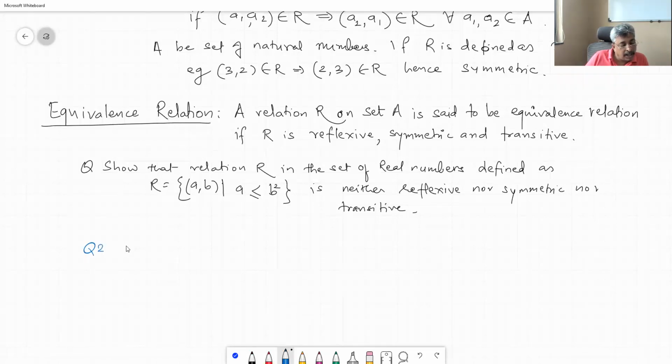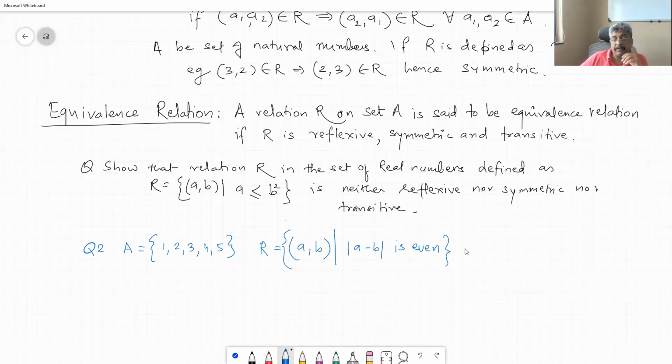Show that the relation R in the set A equal to {1, 2, 3, 4, 5}, given by R equal to all those ordered pairs (a, b) such that the absolute value of a minus b is even, is an equivalence relation.